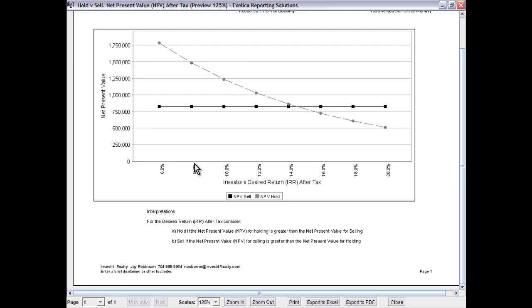If we took our after-tax proceeds and could invest them in another opportunity with similar risk, then we would be better off holding the property. On the other hand, if we could take those after-tax sale proceeds and invest them at, say, 17%, we would be better off selling the property.